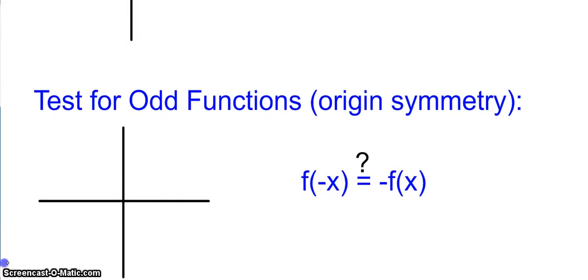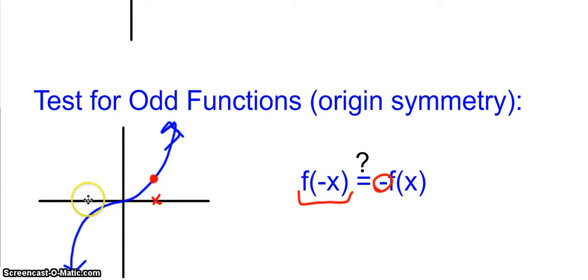To test for odd functions, we're looking for that symmetry with the origin. Again, I said a cubic function is a good example of an odd function. Okay, a cubic one centered at the origin. This time, when I plug in negative x, I'm asking myself, is that equal to the opposite of what I got the first time? So again, if I plug in an x value, I get back my y value, my range.